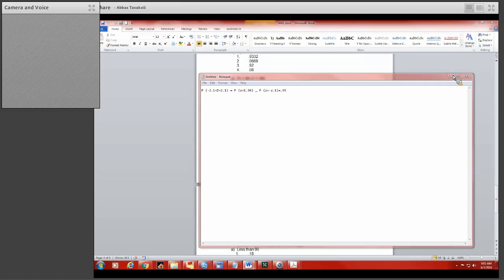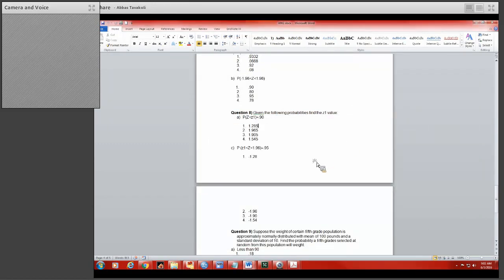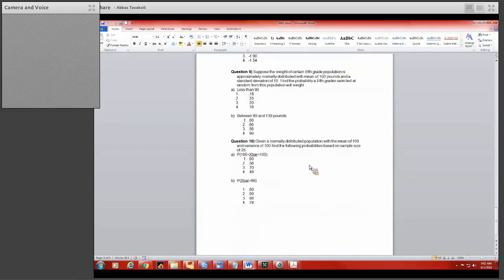So then what you do is simple math. You find this value, and then you subtract this value from 0.95. Now you have the area for that. Then you find the value for Z. So it's a couple of steps you have to do, but if you follow the steps, you would be able to find the Z1.